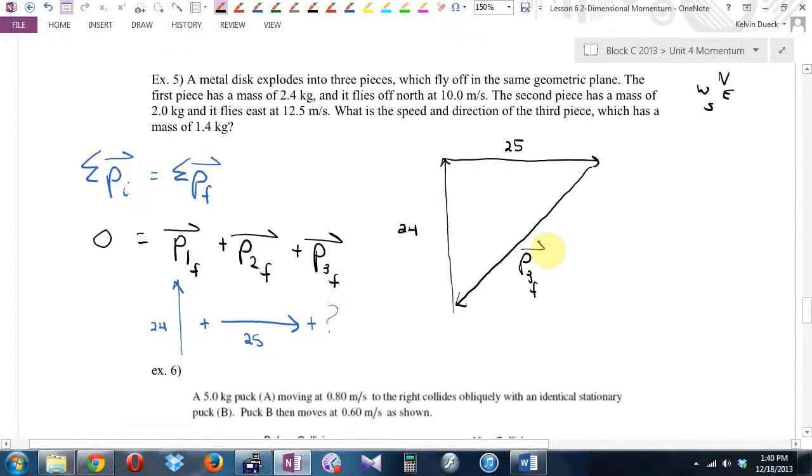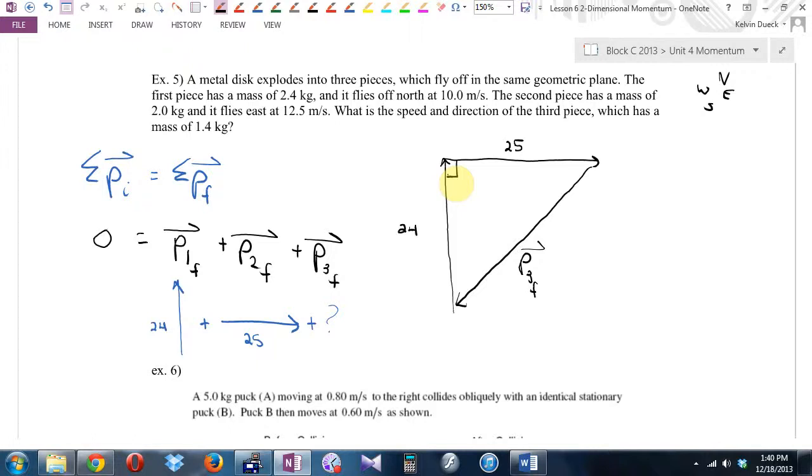And conveniently, this one here has a right angle, which means no need, Harjote, for a cosine law. No need for a sine law. I can use good old Pythagoras and SOHCAHTOA. So let's see.